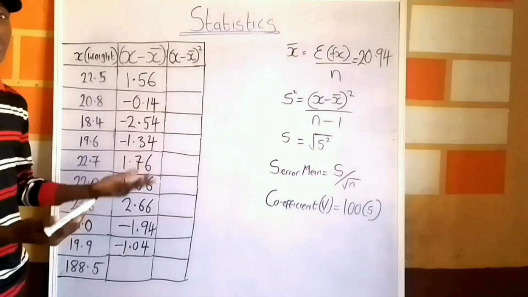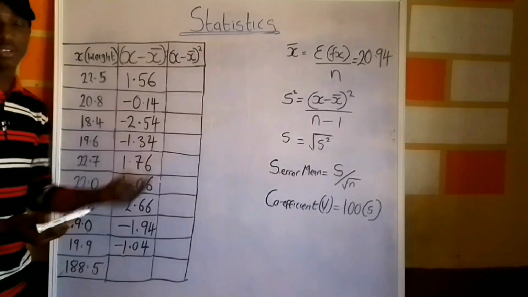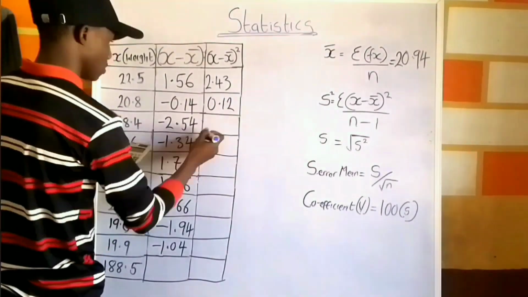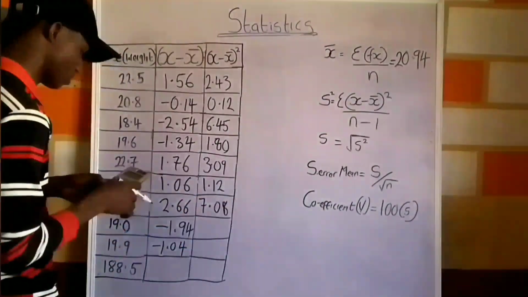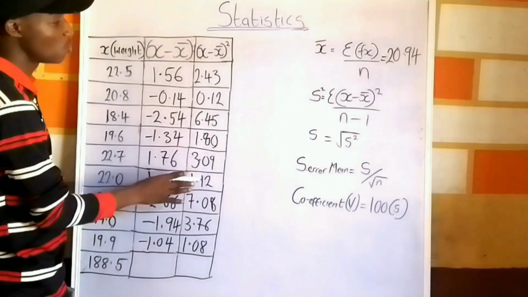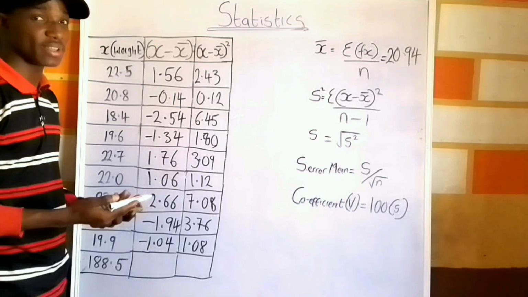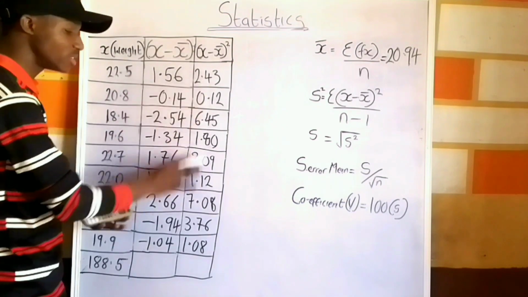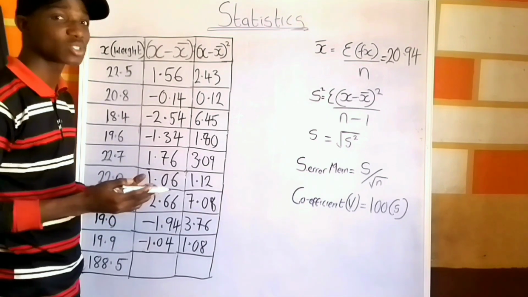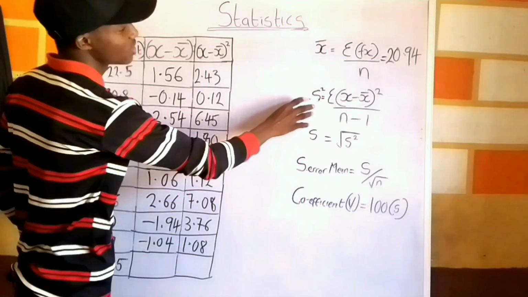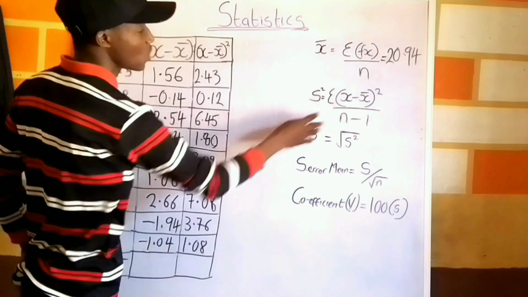After that, I can proceed to use the formula. The next step is to sum all the values of this column, which is x minus x bar squared. Don't forget, from the formula of variance, we have summation of x minus x bar squared.